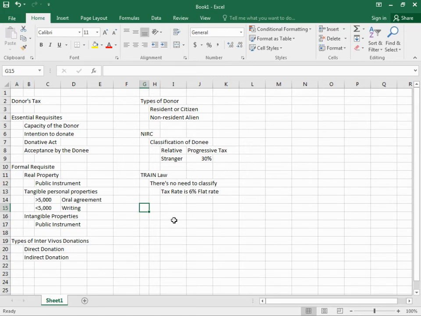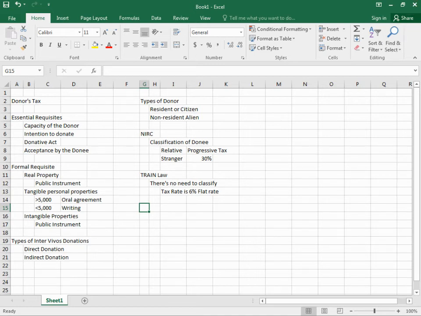Next is the rationale of donor's tax, which is similar to the other transfer taxes. This is to control tax evasion, to control the avoidance of estate tax and income tax, and to recoup future loss of income tax revenues. Okay, so just review them.